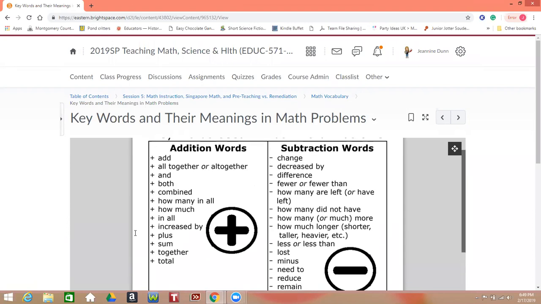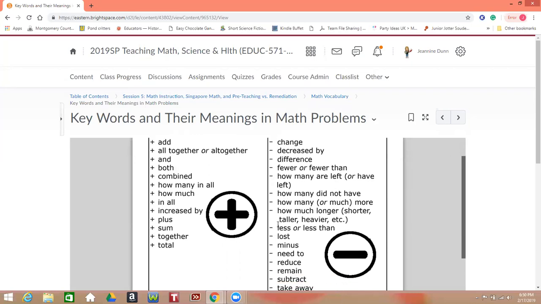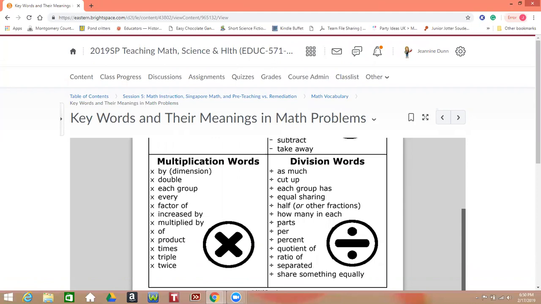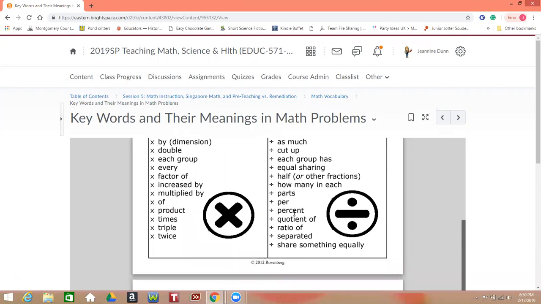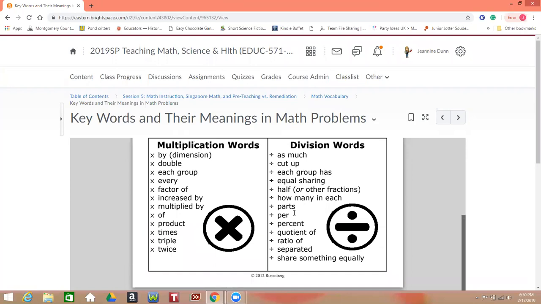I see issues sometimes if this is presented too early, that kids will get stuck on thinking that every time they see a certain word, it must absolutely mean addition or subtraction or multiplication or division. So it's cautionary that these words usually mean multiplication, these words usually mean division in a word problem. But we still need to make sure that we really understand what the problem is asking us.